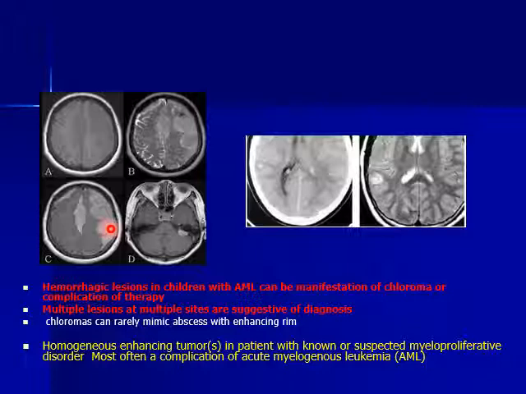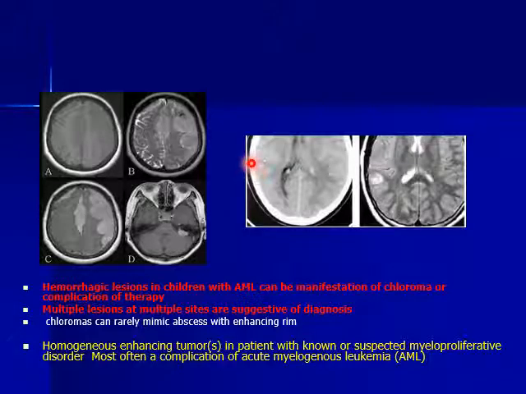The other thing, which is very important, leukemic patients may present with hemorrhagic lesions in the brain, okay, due to depletion of the platelets or something like this. But the leukemic infiltrates also can be either hemorrhagic or initially hyperdense in CT like this.